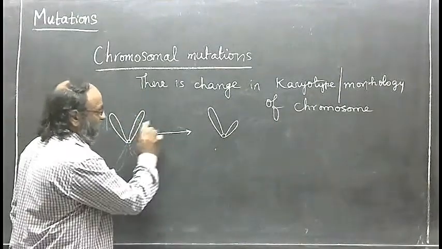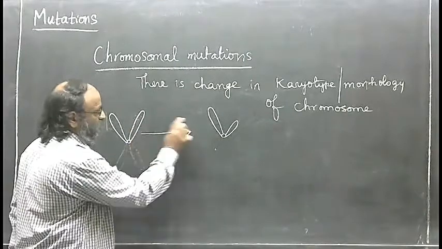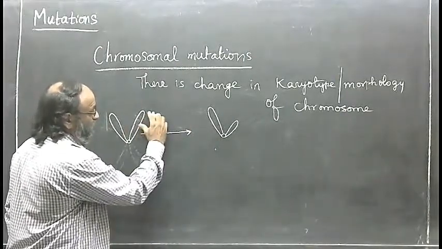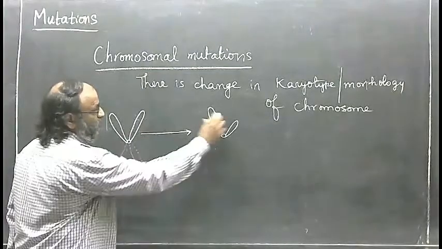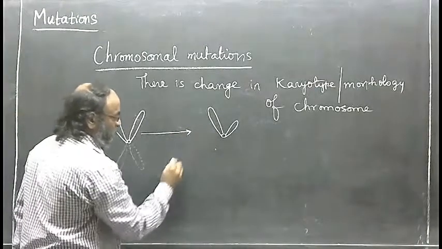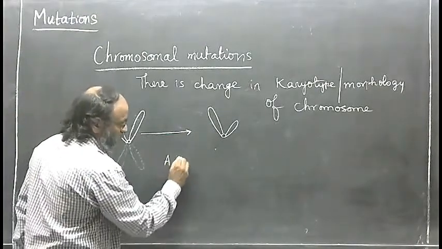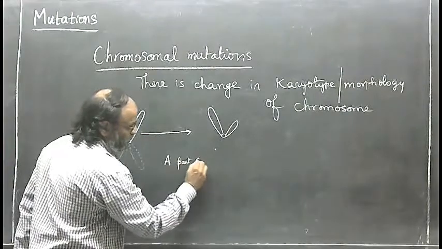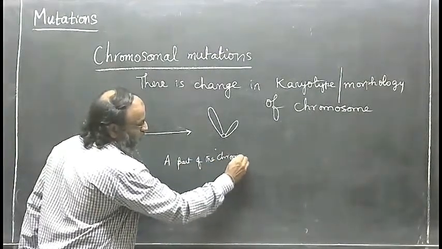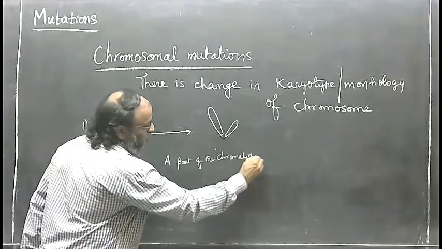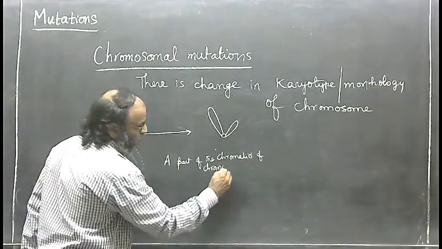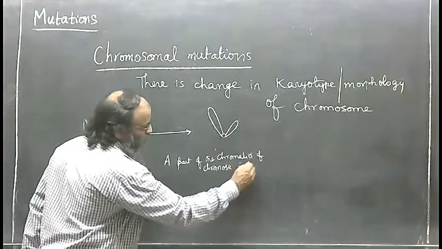Now, what is the change that you have observed in this case? A part of the chromatid of a chromosome is lost.